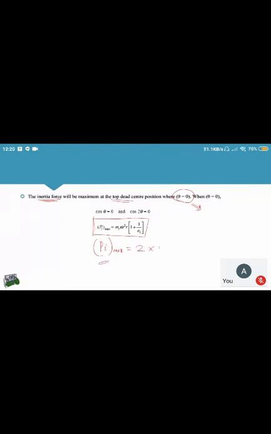So 2 into pi by 4 dc square times sigma t, where sigma t is the allowable tensile stress. From this formula, you will be able to calculate dc, the core diameter, and find the nominal diameter as dc by 0.84. This way, you will be able to design the bolt for the big end.